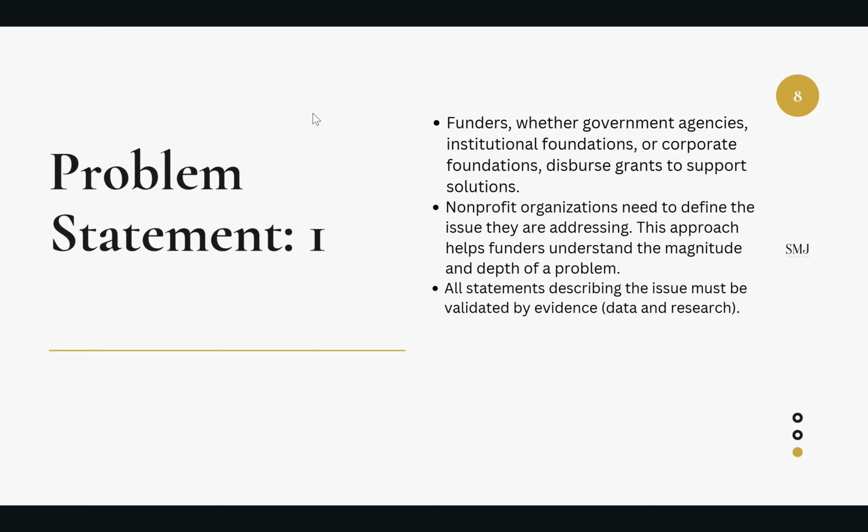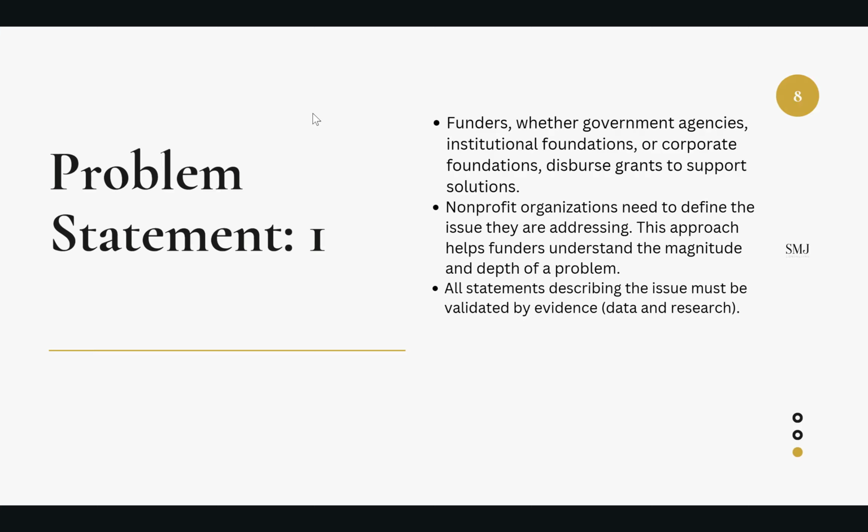Another important thing when describing the issue you work on is to make sure that you use data. You want to validate your statement. You just don't want to say there is a problem of poverty and it affects women and men. You want to use data to really help the funder understand.